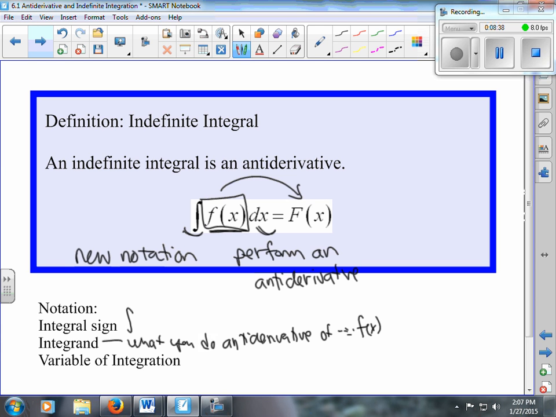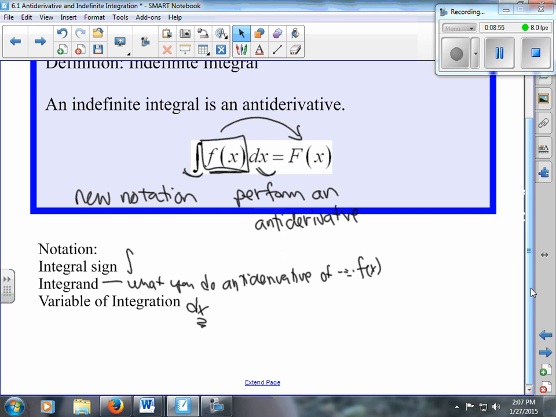The variable of integration, you can think about the dx as telling you that. We're not going to do different variables, but in calculus 3, which is multivariable calculus, that is a very, very significant thing. So x is the variable of integration. Okay.